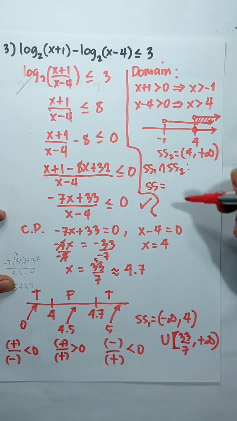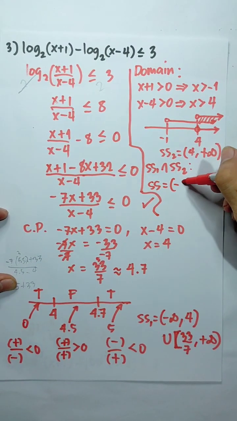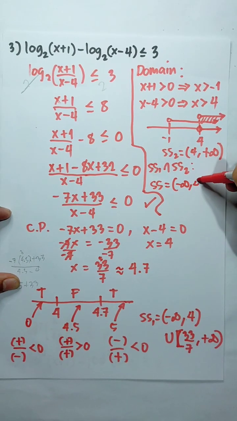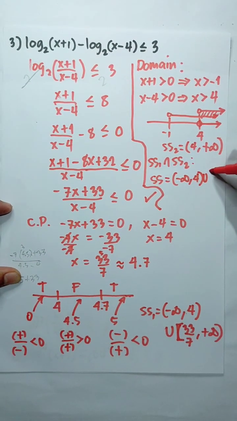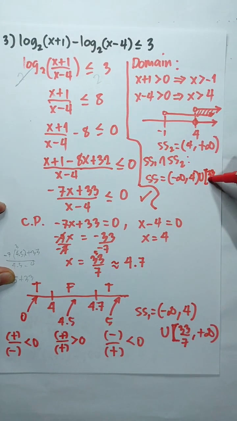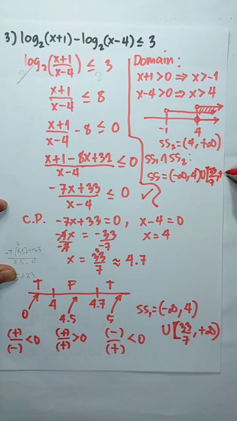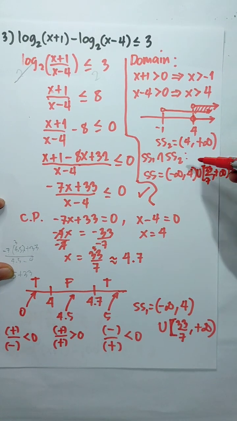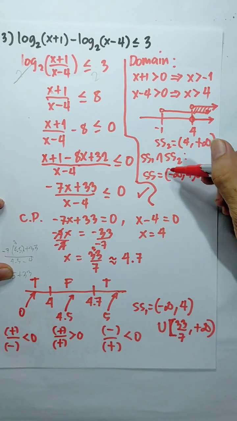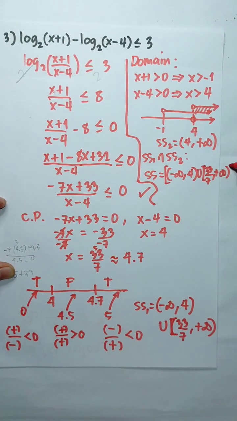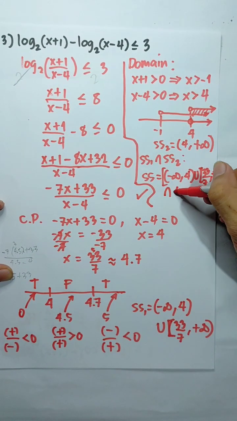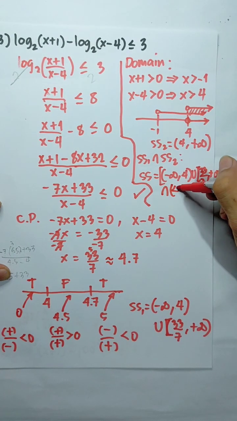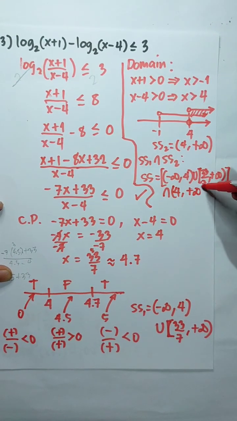Our solution set 1 is the interval negative infinity to 4, union with 33 over 7 to positive infinity. And then we're going to intersect this set with the interval 4 to positive infinity.